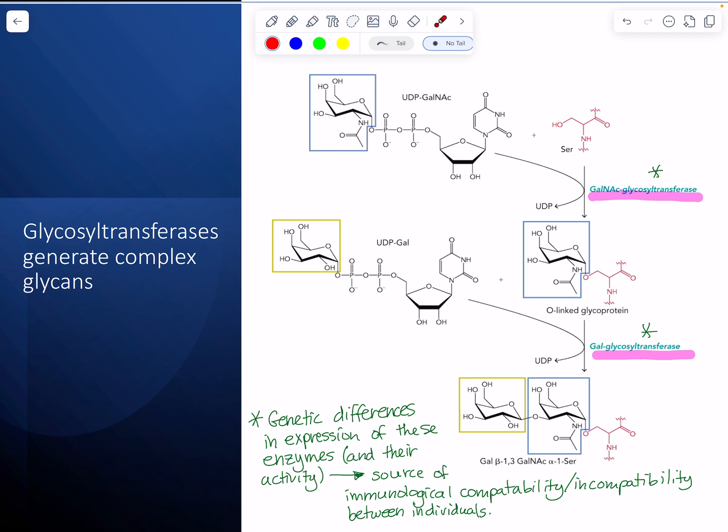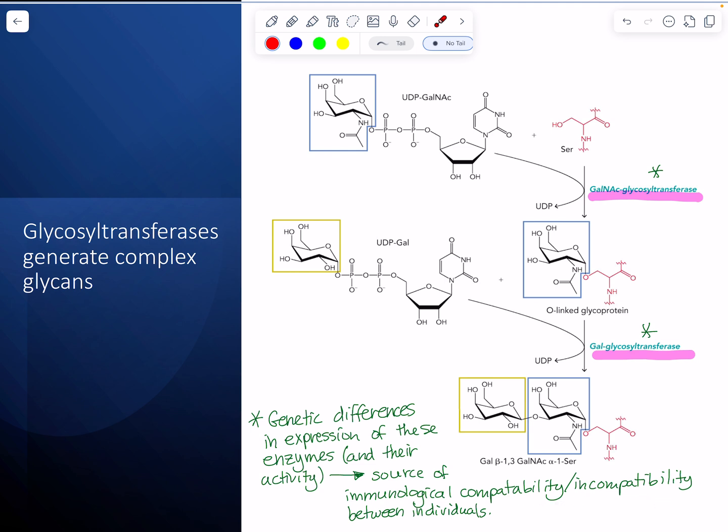And because we have such a great diversity in our monomers, this is our theme with carbohydrates. They can be used for very specific interactions. So they can be used to tell self from non-self.